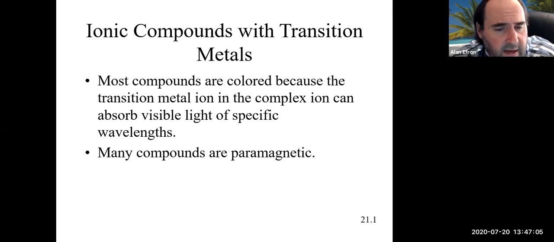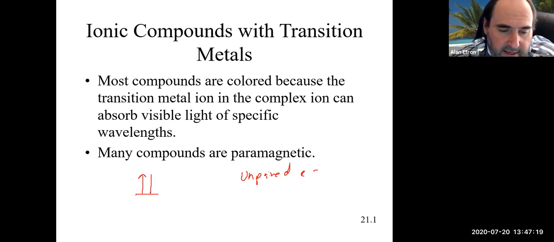Many ionic compounds as well are paramagnetic. So paramagnetic, as you may remember, means unpaired electrons. Remember in an orbital, you can put 2 electrons in an orbital, represented by an arrow, one having a spin quantum number of +0.5, one having a spin quantum number of -0.5.